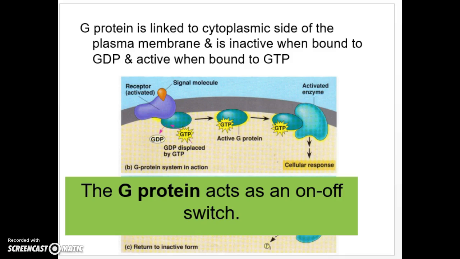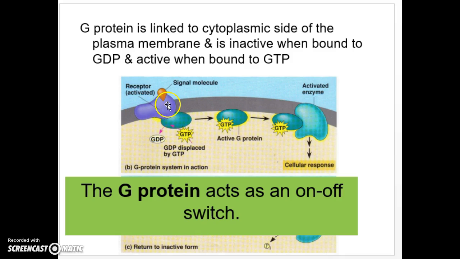So the way this works is a G protein receptor will get a ligand that binds to that receptor. And when it does, the receptor proteins go through a conformational or actual physical change that then allows them to activate the G protein that's attached on the cytoplasmic side of this receptor.